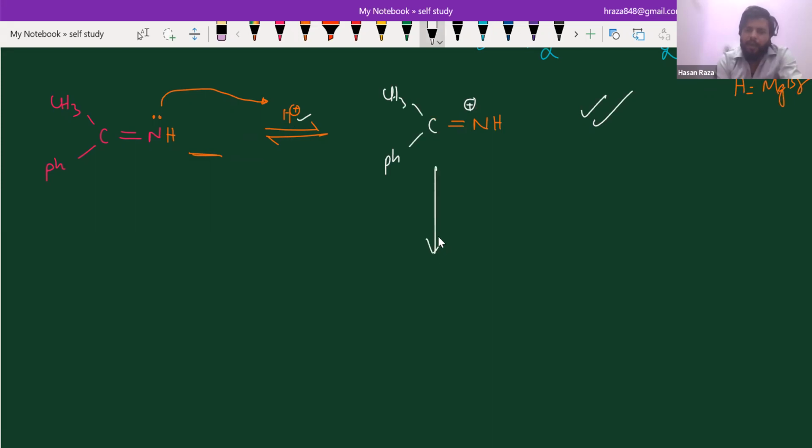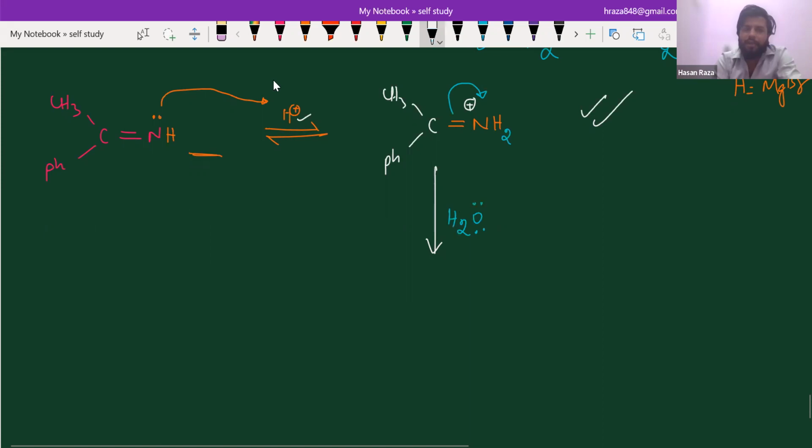Now see what will happen. Positive charge on a more electronegative element is less stable. So in order to satisfy itself, what will nitrogen do? It will take electron from carbon. So there will be a deficiency of electrons on carbon.